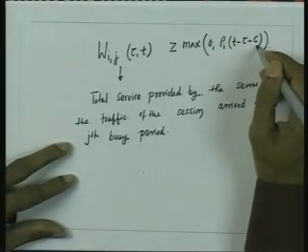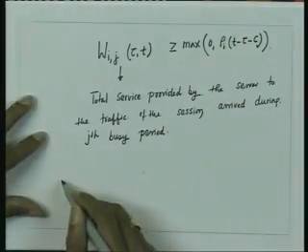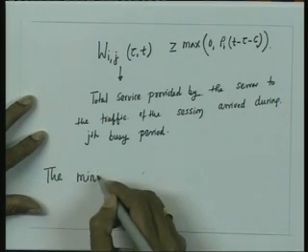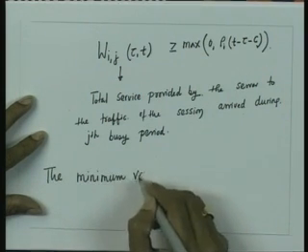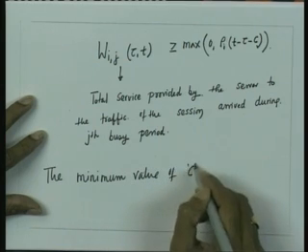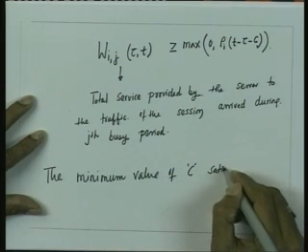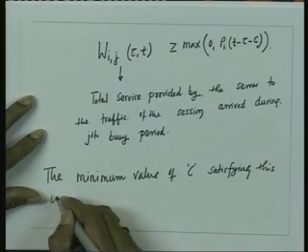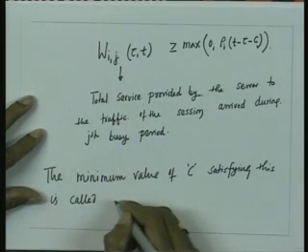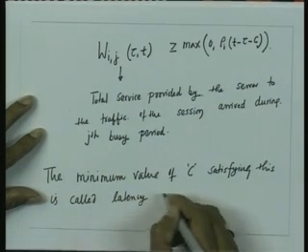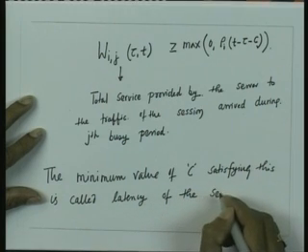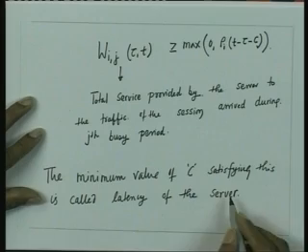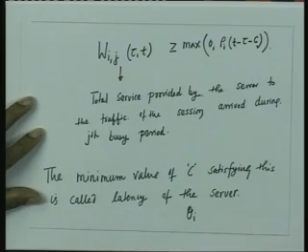Now the minimum value of C that satisfies this is called the latency of the server, okay. So the minimum value of C satisfying this is called latency of the server, which we call latency theta r.